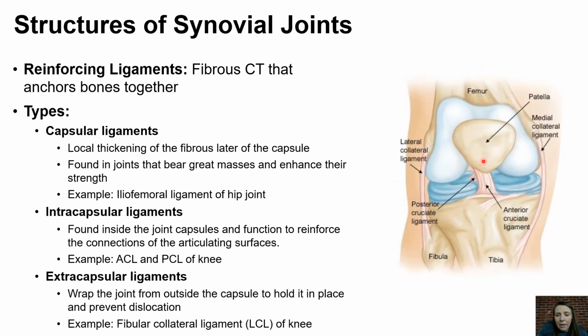The next type that I'm going to talk to you guys about is intracapsular ligaments, and intracapsular ligaments are actually found inside of joint capsules, and their function would be to reinforce the connections of the articulating surfaces. So an example of these types of ligaments would be our ACL and the PCL in the knee joint.